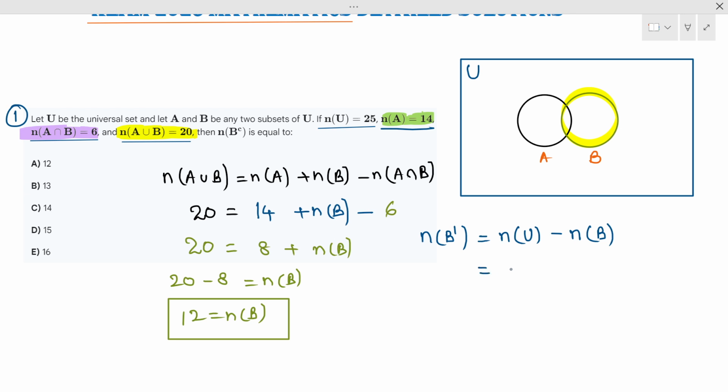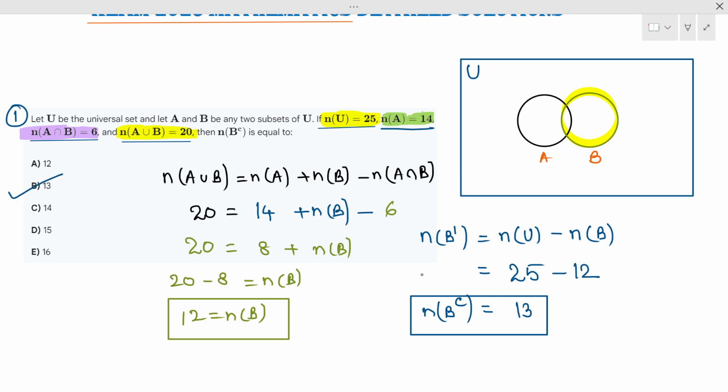So n(U), that is 25, minus n(B), that is 12. So 25 minus 12 is 13. So n(B complement) is equal to 13. So its option will be option number B.